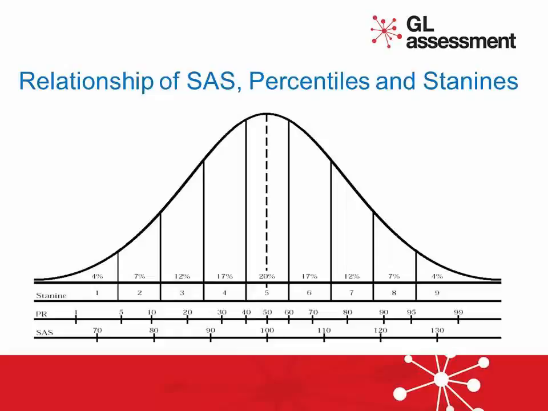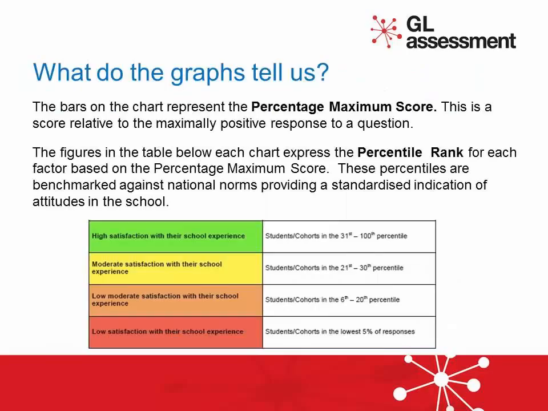A percentile rank shows how an individual or group compares with their peers nationally. So if a student has a percentile score of 80, then this means that they are more positive than 79% of their peers nationally, but the same or less positive than 20% of their peers.